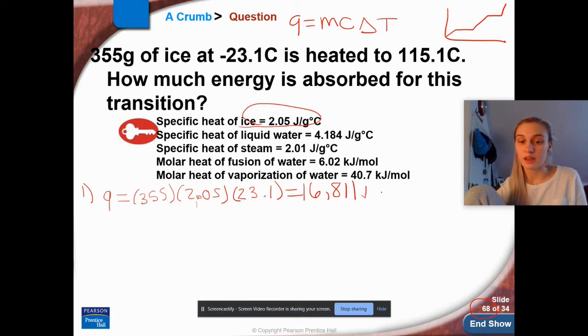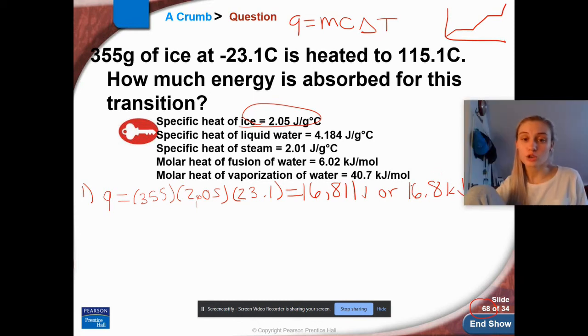This is joules, but they want it in kilojoules. See all these kilojoules here? So to convert joules to kilojoules, you just divide this number by 1,000. If you need me to clarify that, you can message me and say that doesn't make any sense, Miss Murphy, and I will clarify why you divide by 1,000 to convert from joules to kilojoules, okay? This is the answer for our first step.